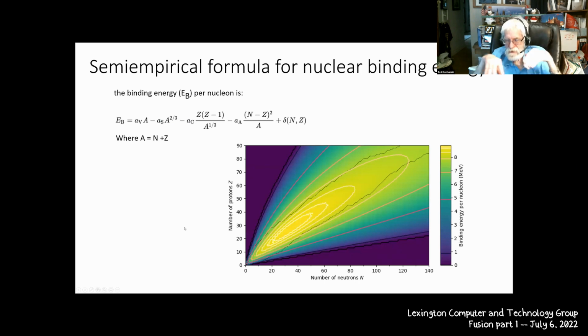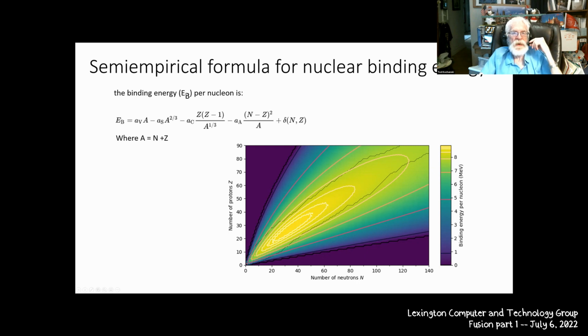So going back to the nuclear stuff again now, the binding energy per nucleon is empirical also. There are lots of theoretical calculations, but they don't quite fit exactly what we measure. But they're not too far off.